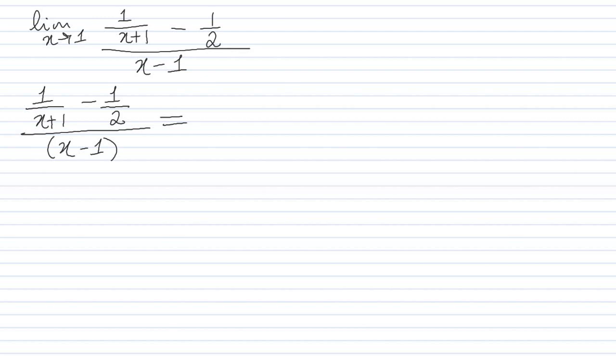Well, we can see for the numerator of this particular function, 1 over x plus 1 minus 1/2, we can find the lowest common denominator, which is basically 2 times x plus 1, and then we can simplify that way. So you have 2 here minus x plus 1, all of that divided by x minus 1.